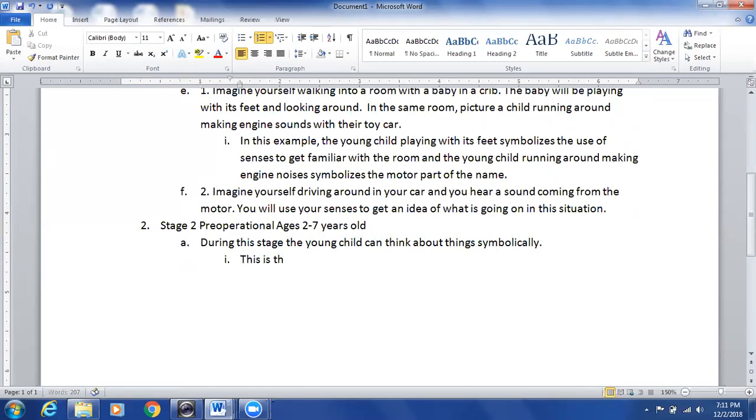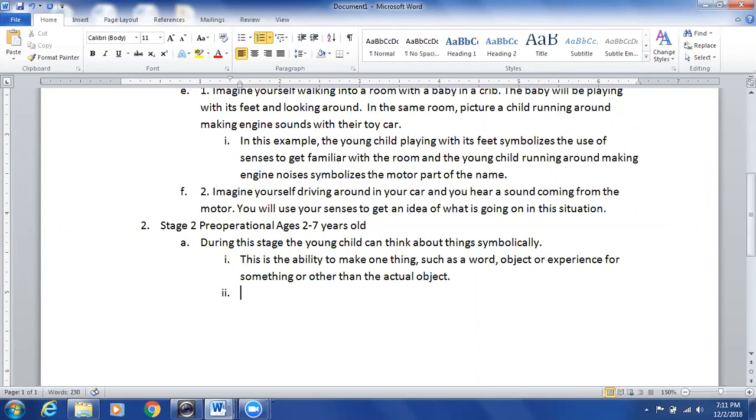So this is the ability to make one thing, such as a word, object, or experience, stand for something other than the actual object. So they begin to associate specific behaviors or things with something.